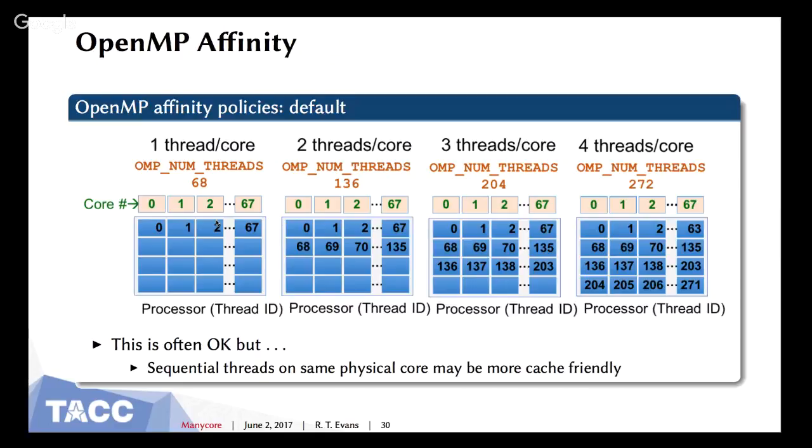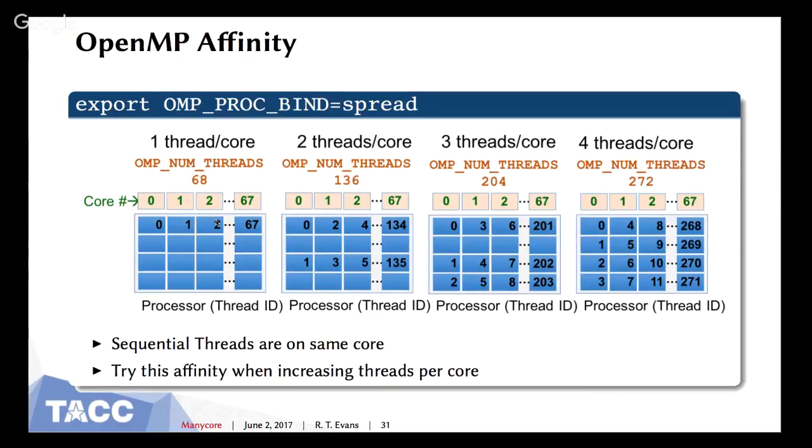So they have a different L1 cache and they share an L2 cache. Maybe if I know I'm going to oversubscribe the physical cores, maybe I should change the way my threads are placed, so 0 and 1 run on the same physical processor. Then they at least share the same L1 cache. And so you can do that with spread.